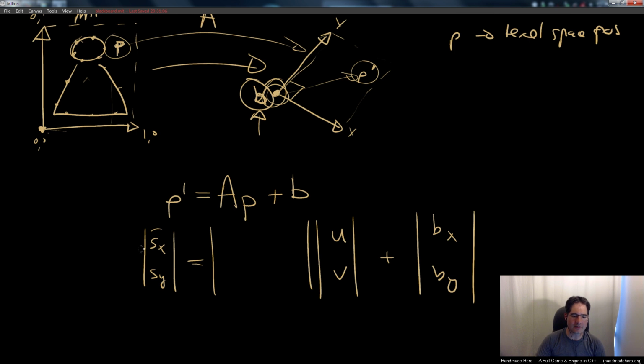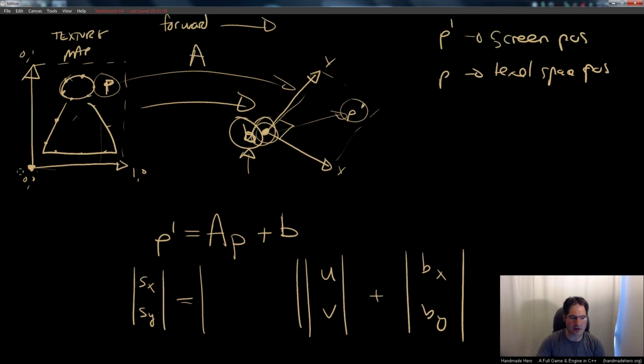Well, I've got an sx and an sy, and I want to interpret them. Remember, sx was interpreted this way originally, right? Oh, I'm sorry, I don't mean that. I meant uv. Got a little ahead of myself there. So that u is interpreted this way, and that v is interpreted this way, right? So essentially, here is the v, here is the u, okay?